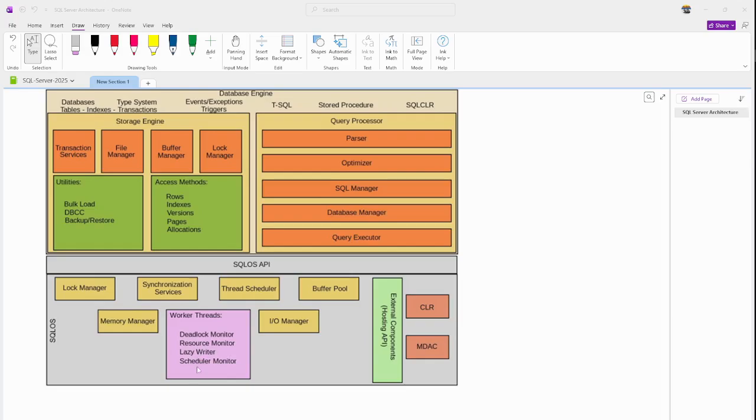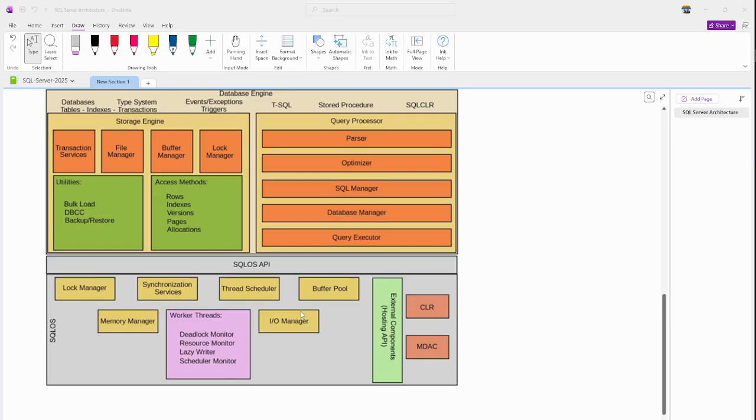For example, the lazy writer is the cleaner that periodically cleans up the memory in the buffer pool, freeing it up by writing the dirty pages to the disk. That ensures that user queries don't have to wait for memory to be cleared when they need to load new data.